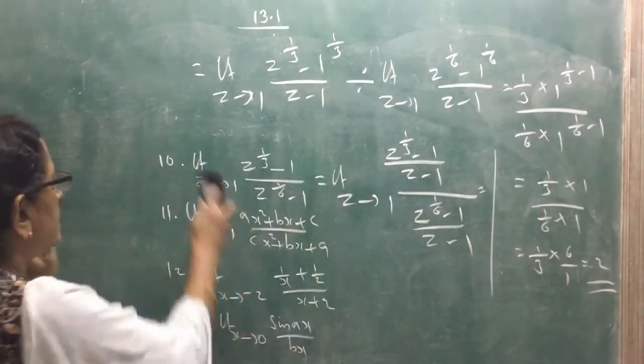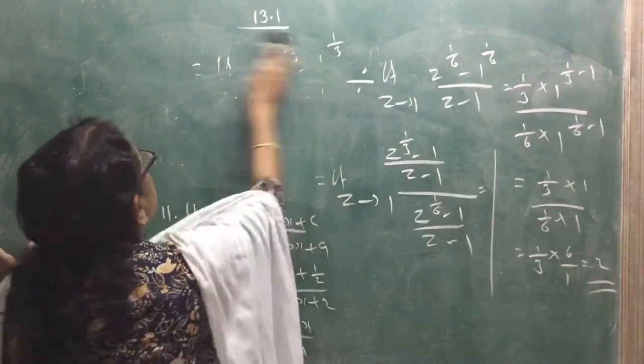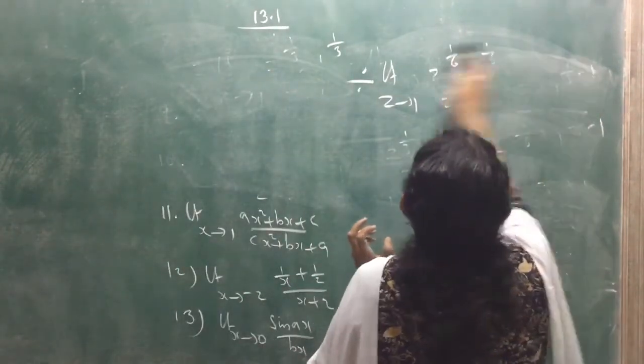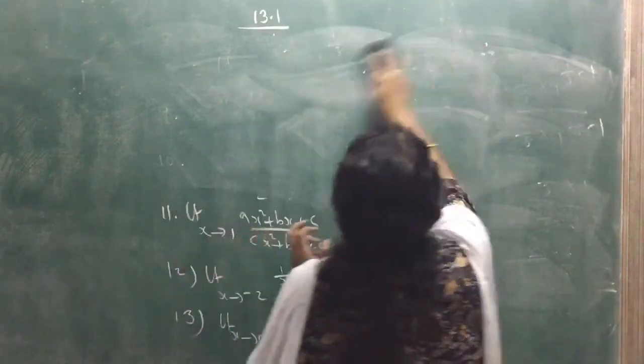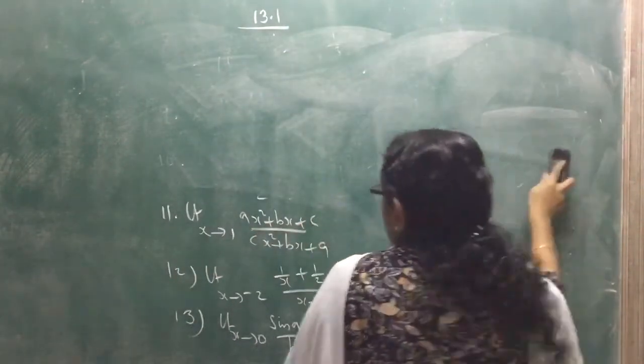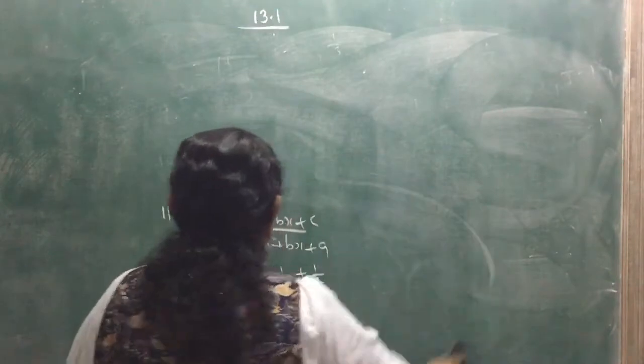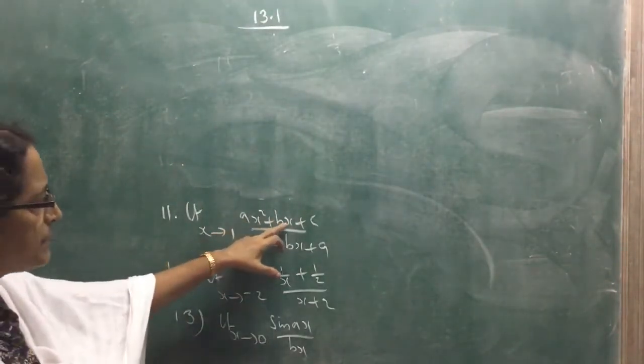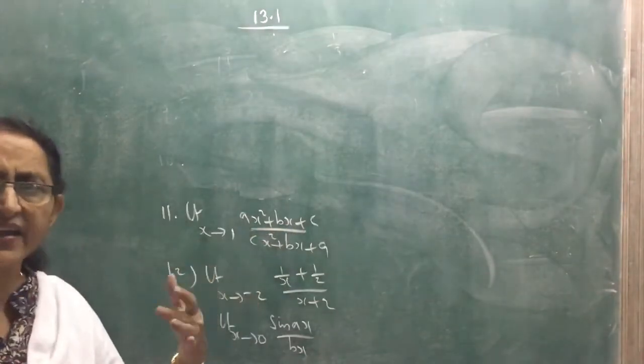Now next one. The 11th one: limit x tends to 1, of (ax square plus bx plus c) by (cx square plus bx plus a). First method, direct substitution.